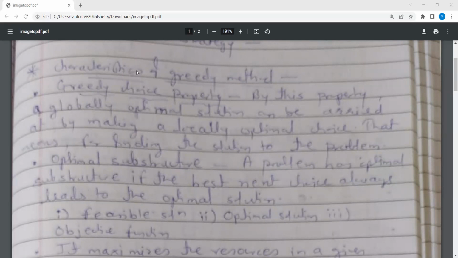By this property, any globally optimal solution can be arrived at by making a locally optimal choice. That means for finding the solution to the problem.